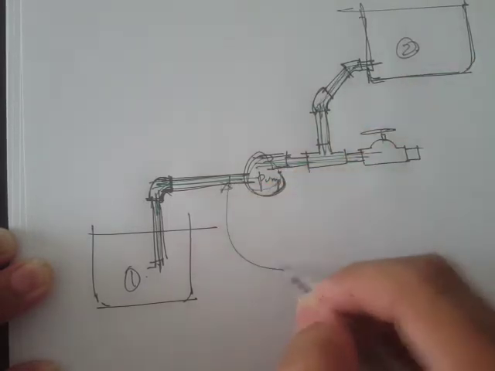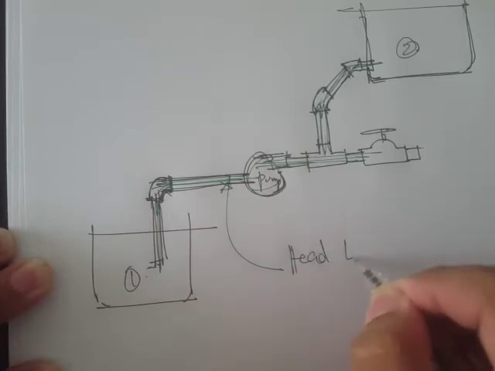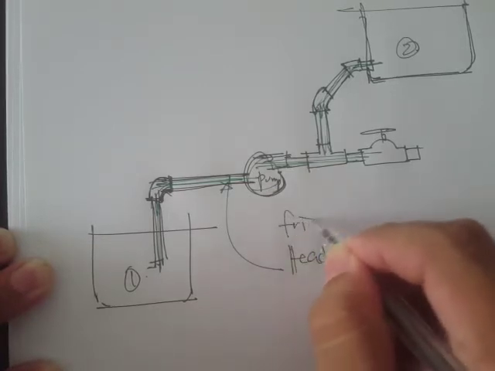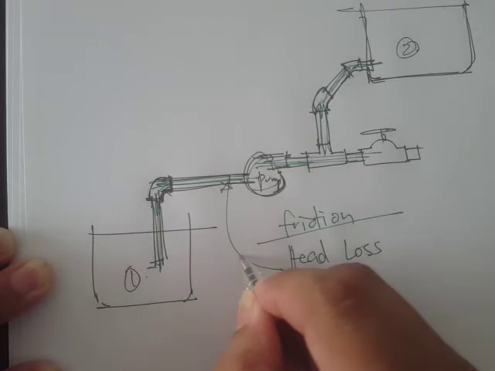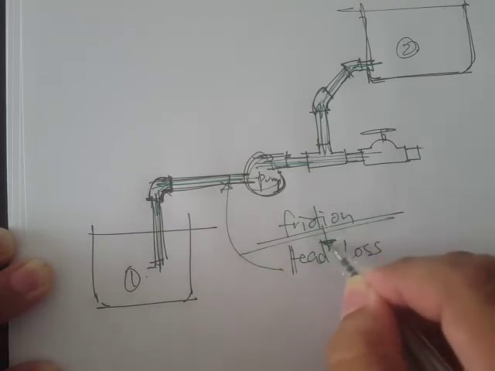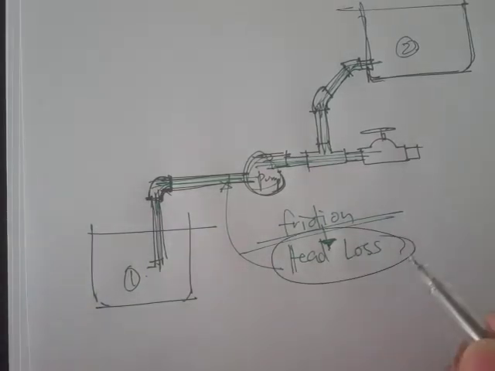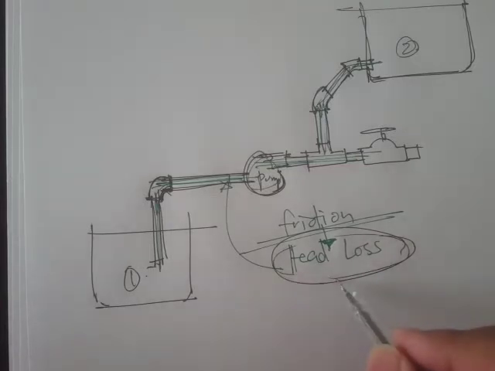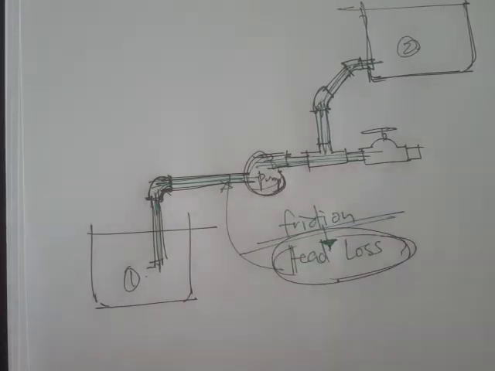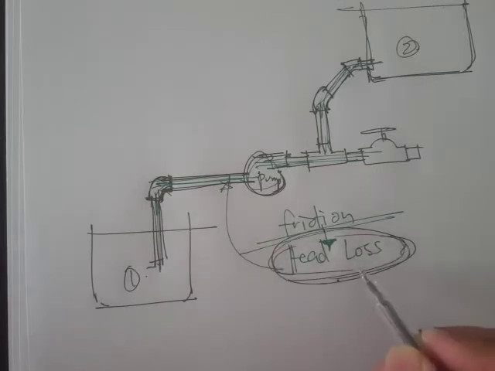So we have head loss due to friction, which is simply the head loss. That's why we need to compute the head loss. We need its value so that we can properly size the pump, and also if we want a proper flow rate, we have to take into account the head loss.